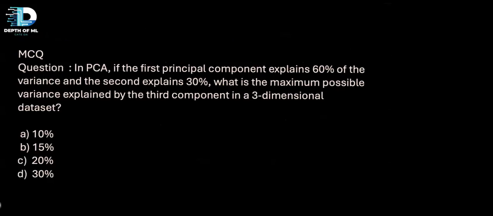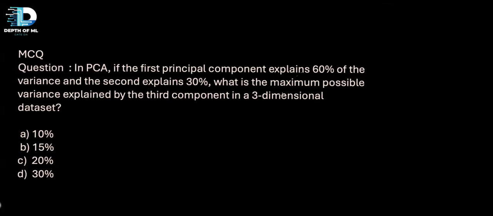Okay, so this is an MCQ. It's saying that if the first principal component explains 60% of the variance and the second explains 30% of the variance, what is the maximum possible variance explained by the third component in a three-dimensional data set? Okay, everybody answered it correctly.